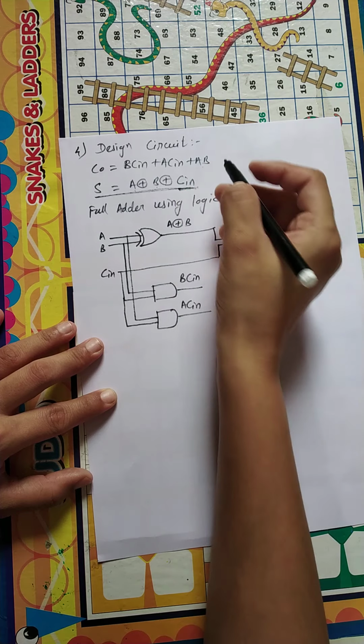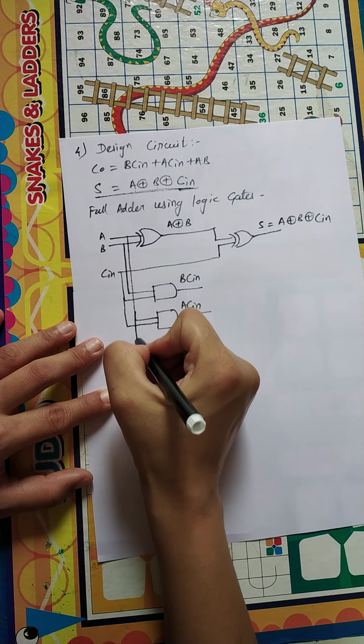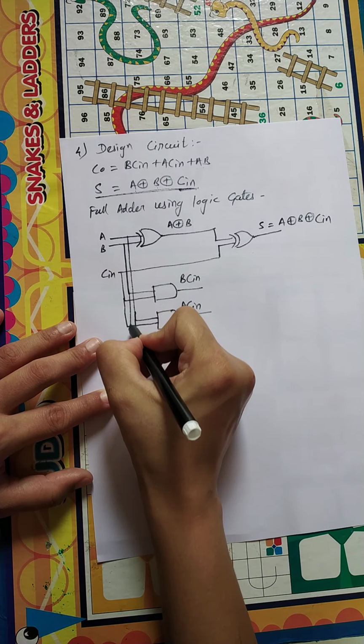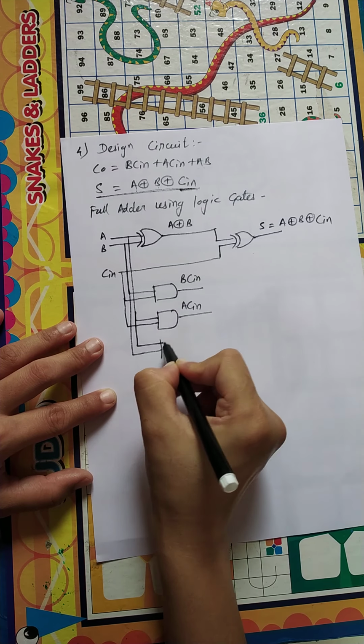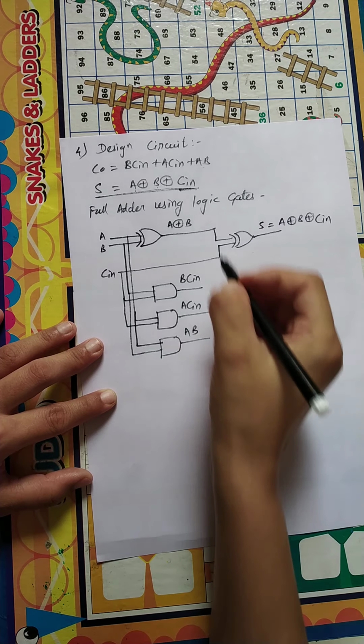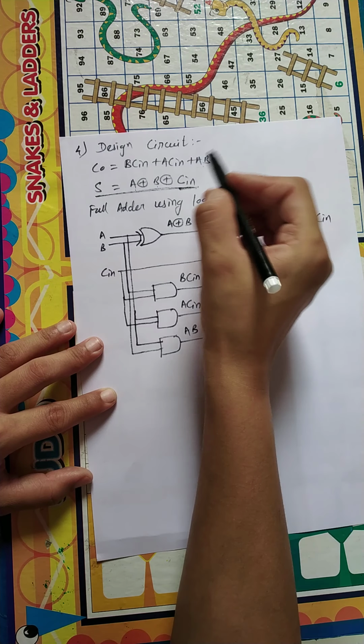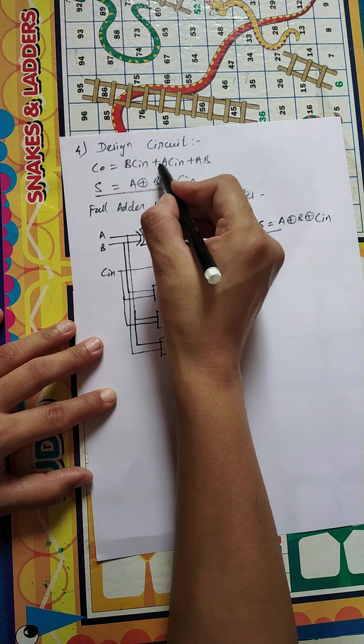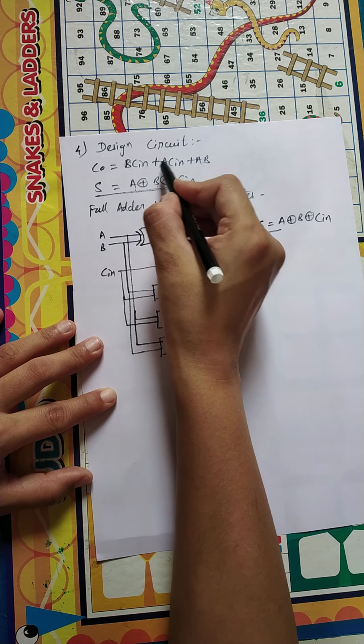Now next term is AB, so I'll just use A and B as input to the AND gate, so here I'll get AB.